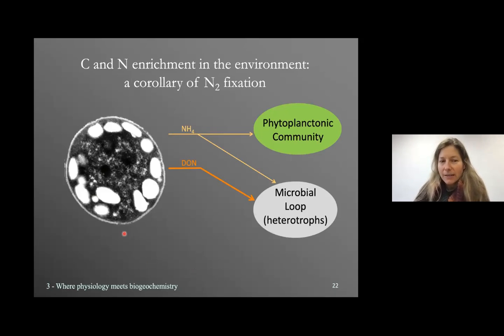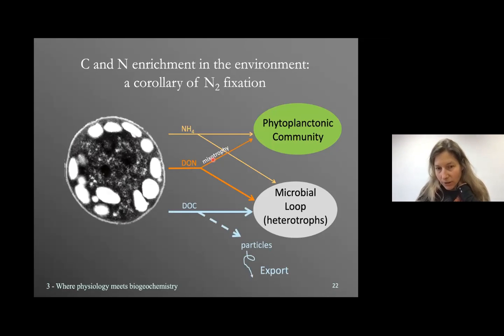Those cyanobacteria also exude DON, dissolved organic nitrogen, which directly favors the heterotrophs, but can also favor the phytoplankton community because more and more eukaryotic algae are discovered to have capacities for mixotrophy, and also prokaryotic ones as well. So the exudation of organic nitrogen actually stimulates both communities.